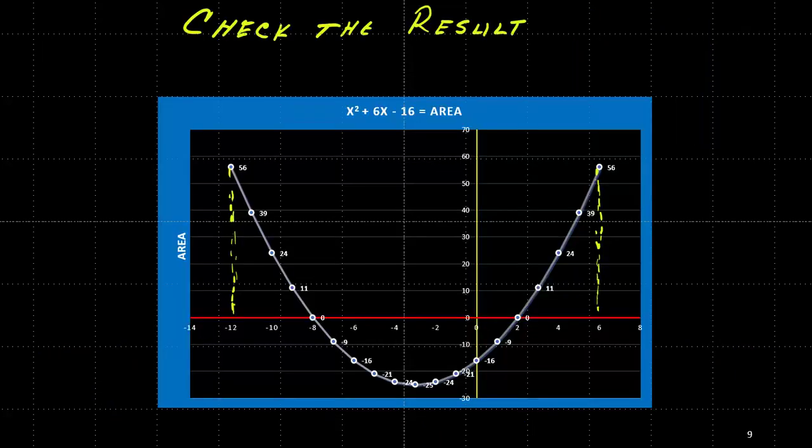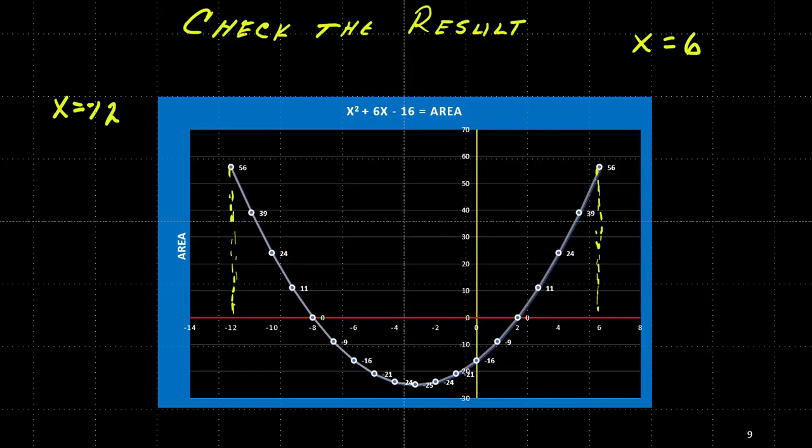Let's move on to the graph. So whenever we did the calculations earlier, we said that x equals 6, and we said that x equals negative 12.